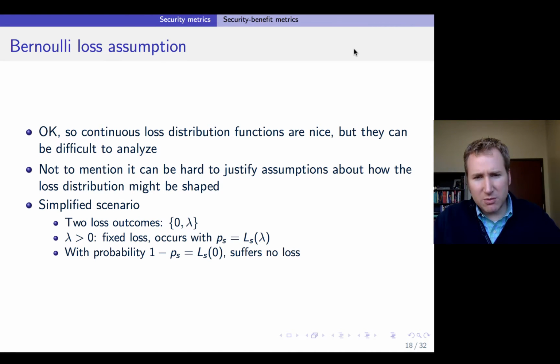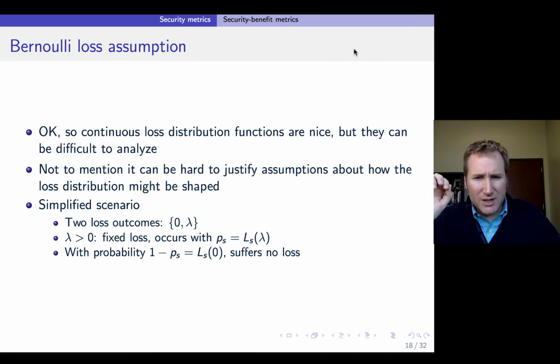Because this is the only loss that can occur, you only need a point estimate for the probability of suffering the loss. And so we're going to say PS is the probability of a loss at that loss level.